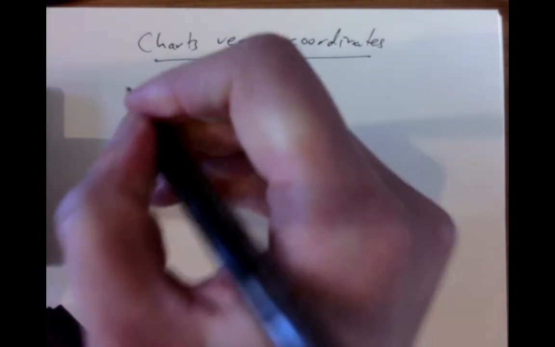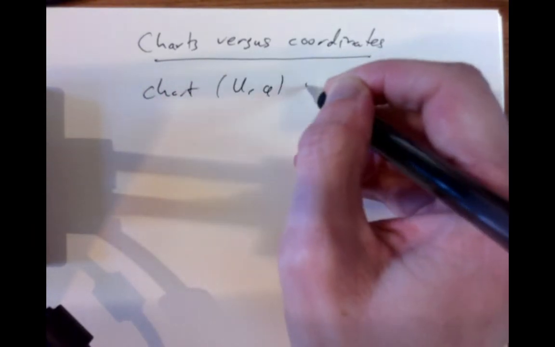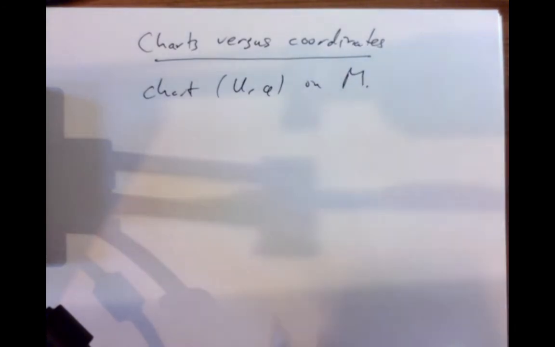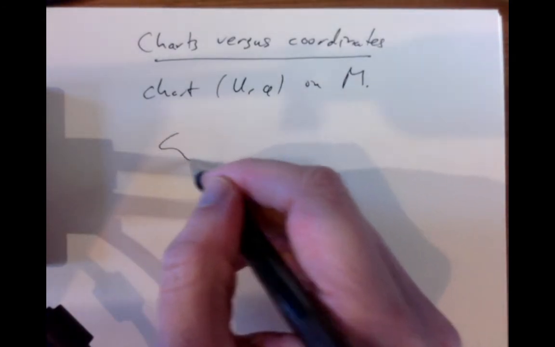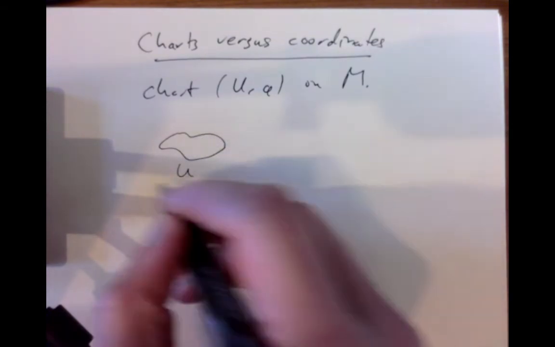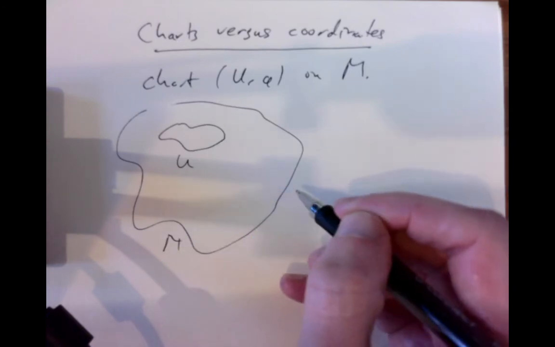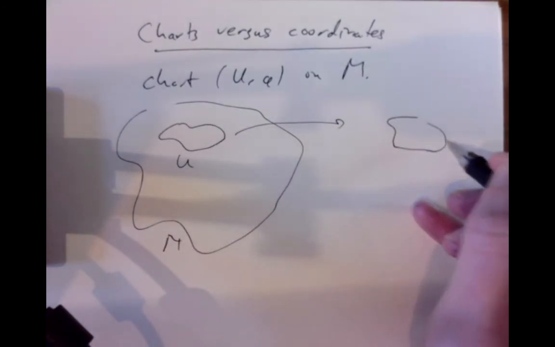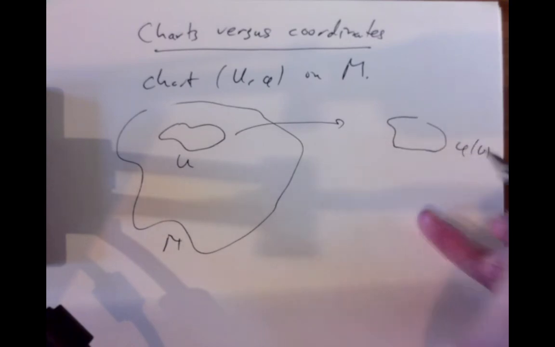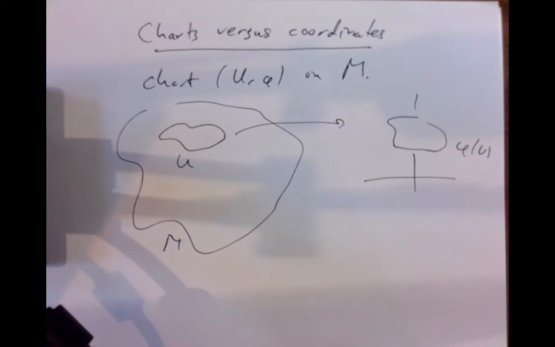So if we have a chart U, phi on some manifold M, then we can think of it as associating, as an abstract M, this is some U inside some bigger M. Then we're taking the chart and mapping it into some phi of U, some open set inside Euclidean space, which I'm always drawing as somehow the plane, or it could be three-dimensional, four-dimensional, whatever.